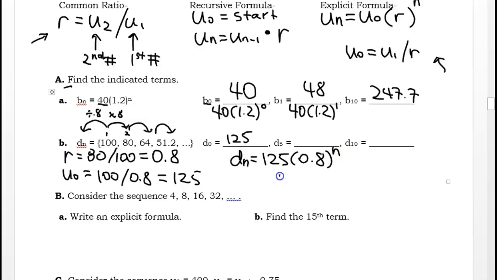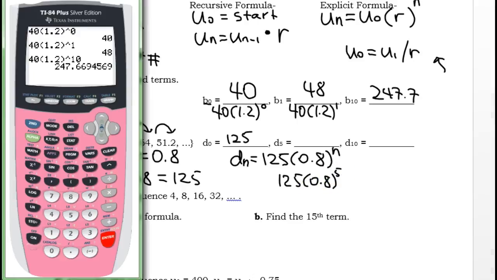So to get the fifth answer, I'm just going to substitute 5 for the n. And in this one I got 40.96.